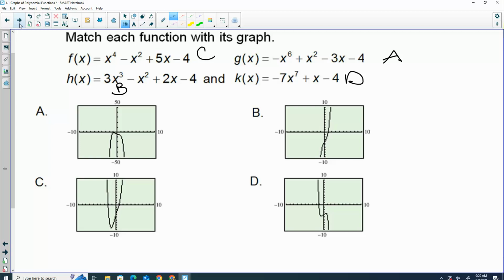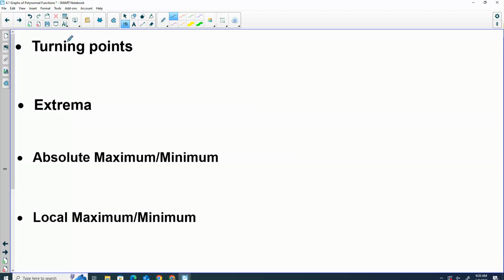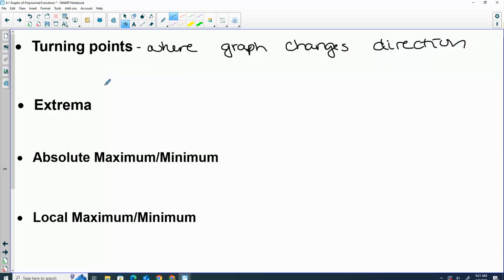Let's talk about a few more things to wrap up. When I mentioned turning points, that's just where the graph changes direction. It could be like our graph was increasing and it switches to decreasing.